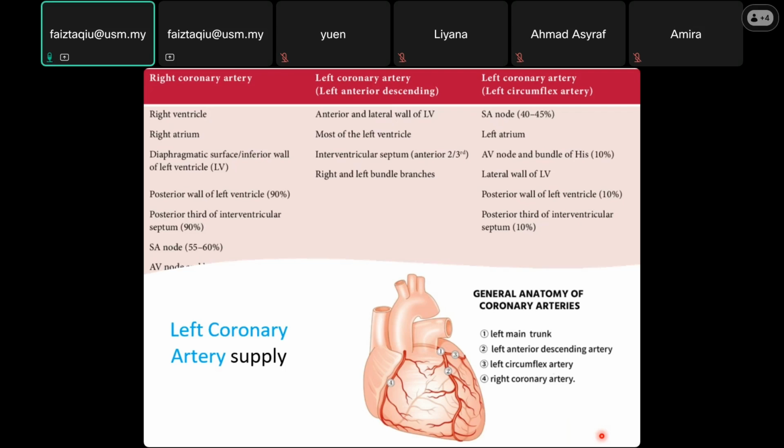Other things, what is important about this coronary blood supply? When we look at the left side, the left side consists of the left main stem, which subsequently divides into your LAD and your circumflex, which subdivide into diagonal, marginal, and so on.